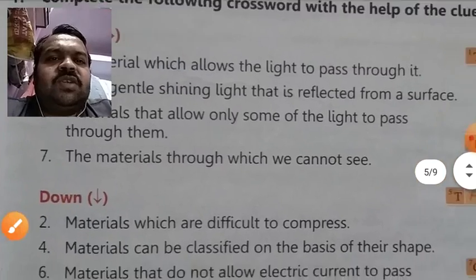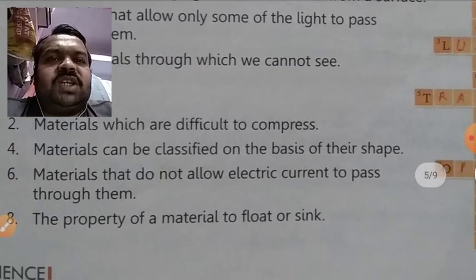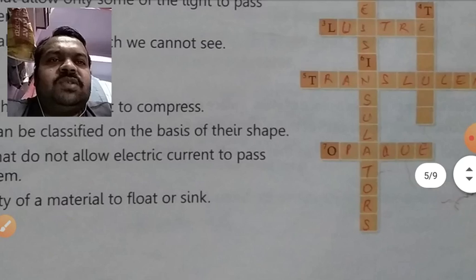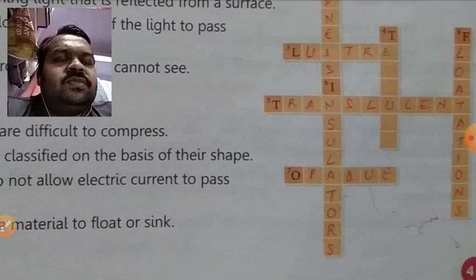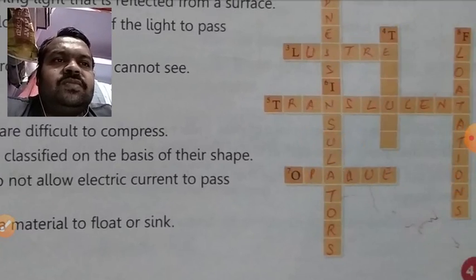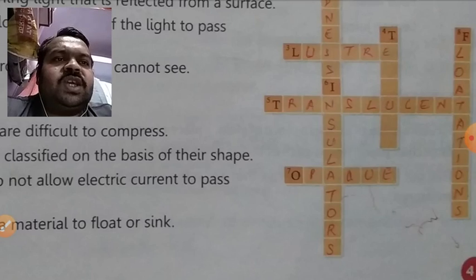Now number 4. Materials can be classified on the basis of their shape. So we can fill here.